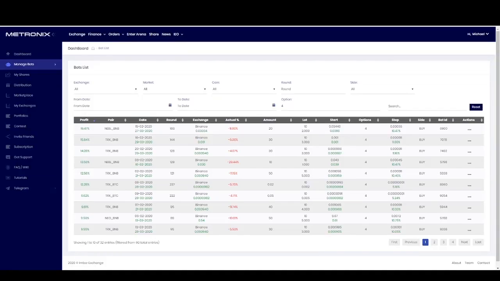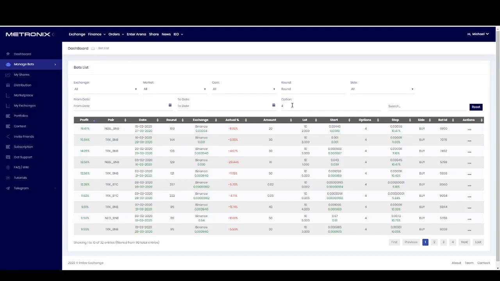So welcome back in our dashboard. As you can see, I have already filtered option number 4, and as I explained in the beginning, you can use option number 4 in two ways. I use option number 4 to support markets that I like, or to support coins that I like.